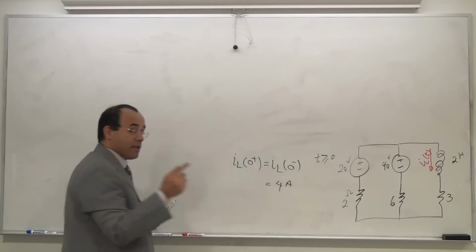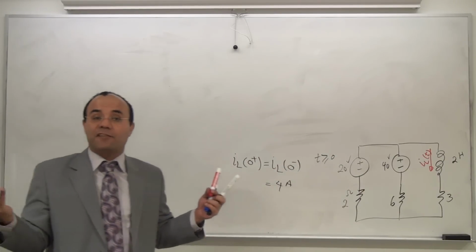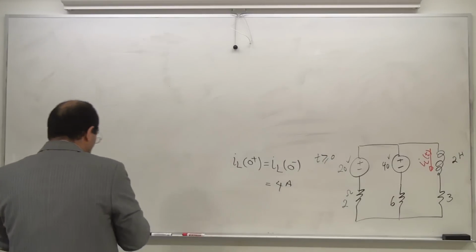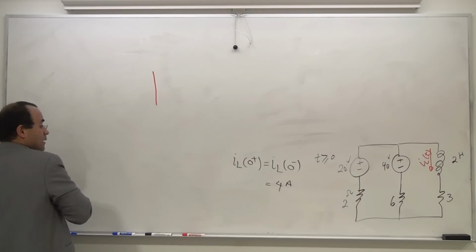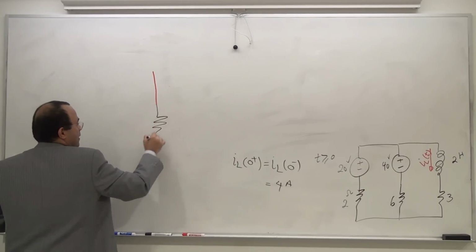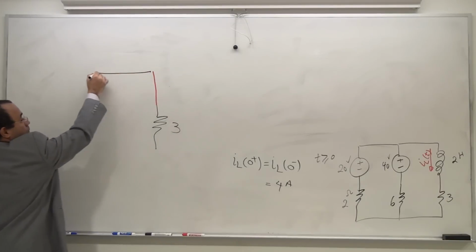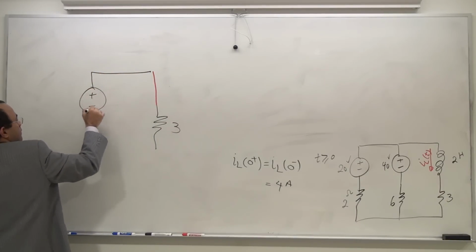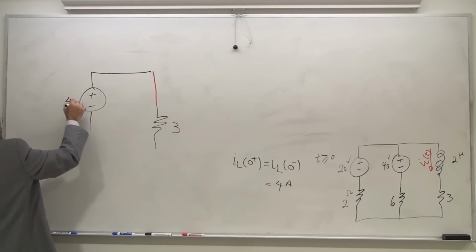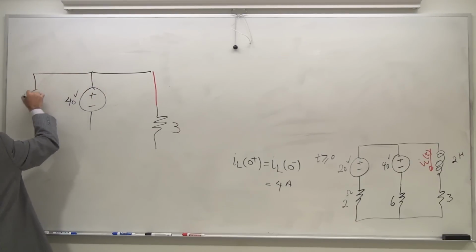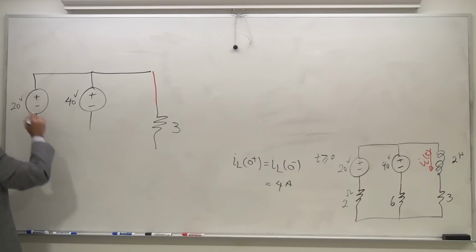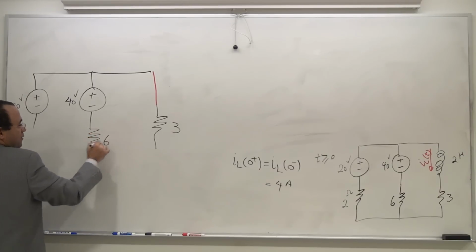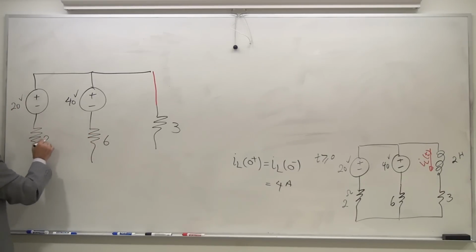I need to find IL of infinity. Again, infinity means a long time, so I need to replace the inductor with a short line, and then come down and make it 3. And this is 40 volts, and this is 20 volts. This is 6, this is 2.